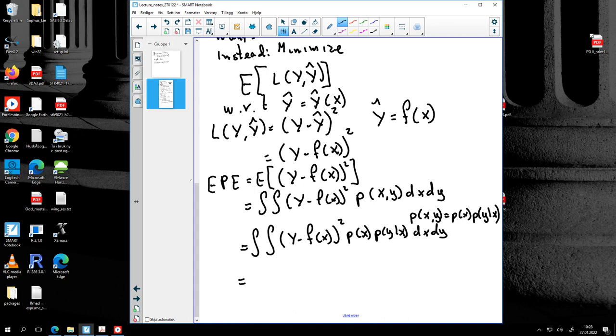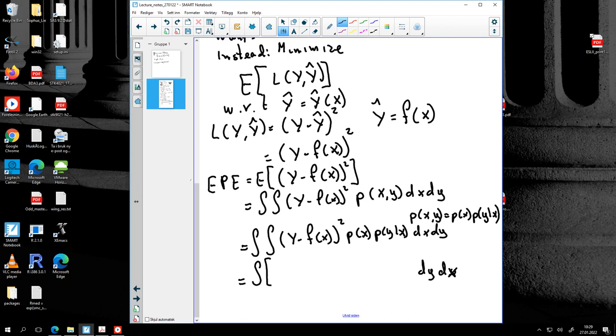Okay, but then we go one step further. First of all, we just switch the order of the integral. There are some formal arguments for when one can do that, but those are typically satisfied in this setting. So we can write this now as an integral where we shift to dy, dx.